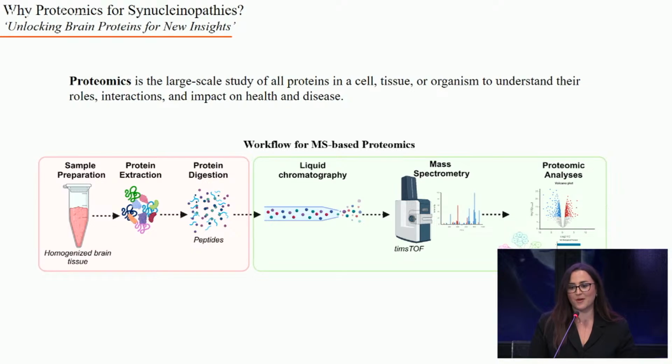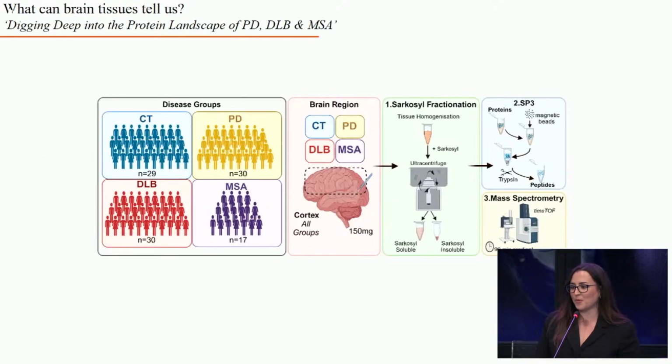These are very, very powerful and sensitive tools that, using the mass over charge ratio, can actually identify what proteins make up that sample. We then can carry out analysis, compare that Parkinson's sample to another disease or even to healthy controls. And this is exactly what we did for my PhD thesis.